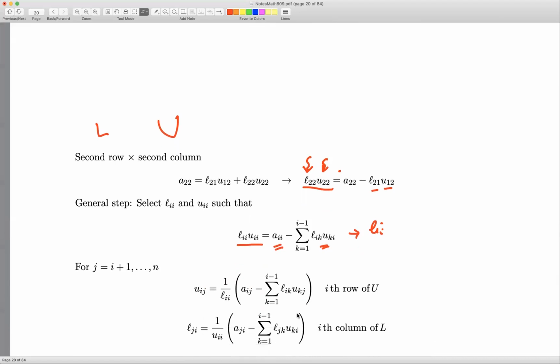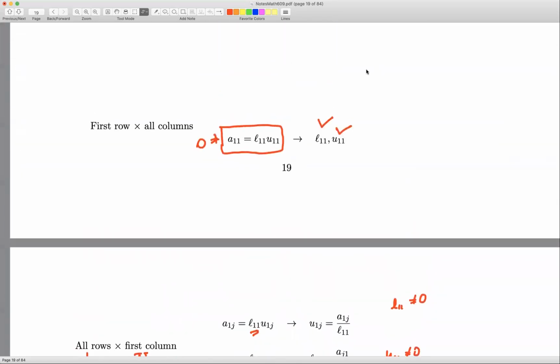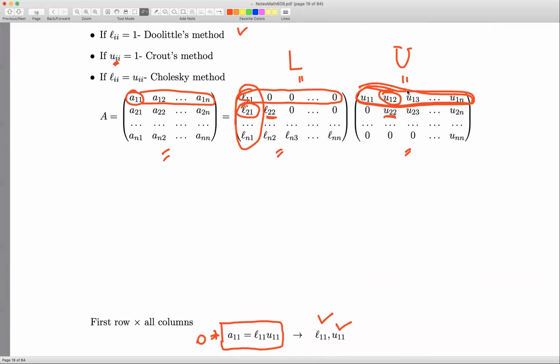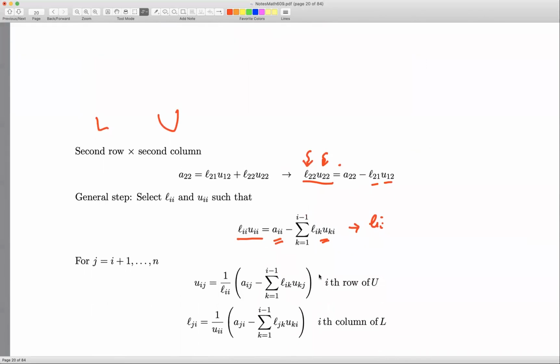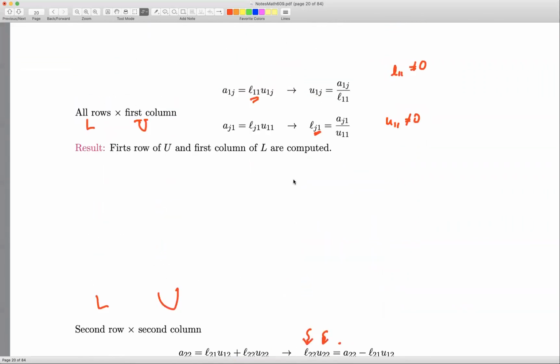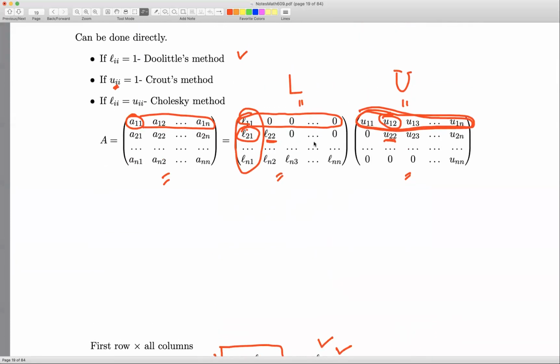And then if we continue further, we will determine through this formula the ith row of U. In a similar way as here, where first we determine the first row of U, we'll determine the ith row of U using that formula, and we will determine the ith column of L using this formula. So what is happening, we do several passes.